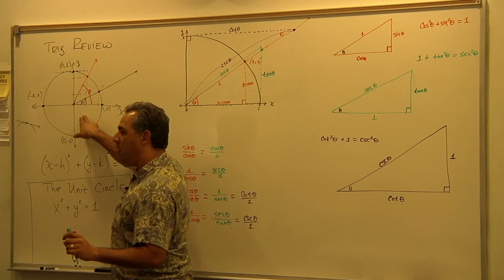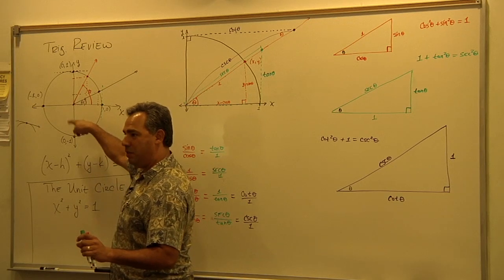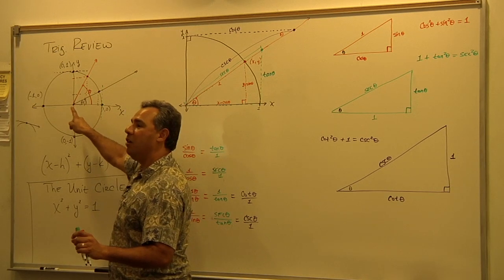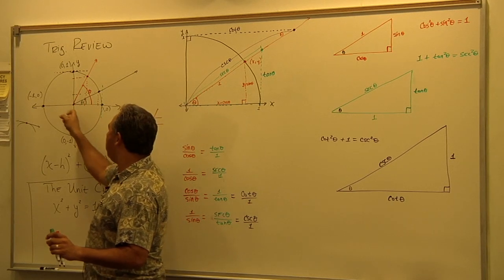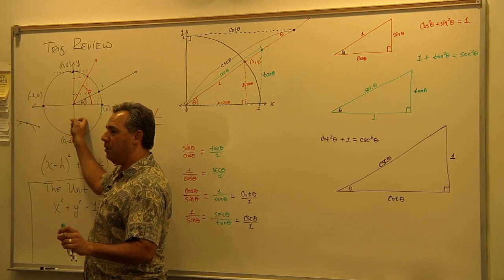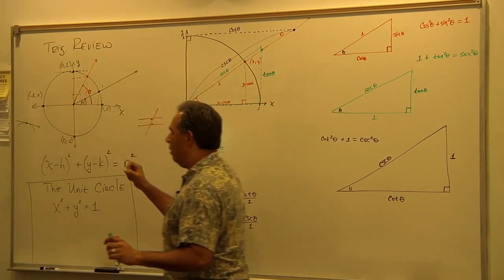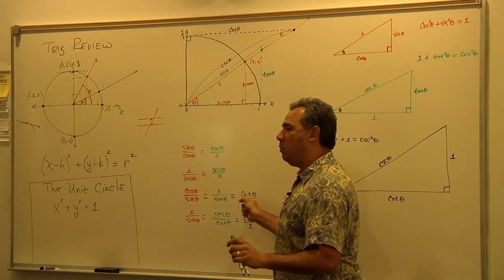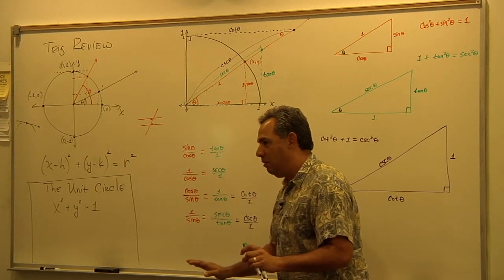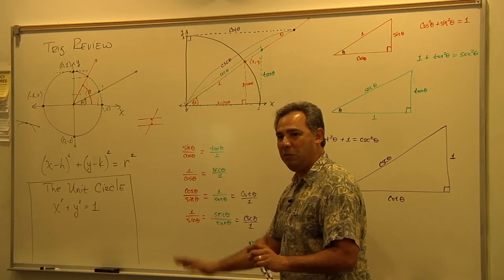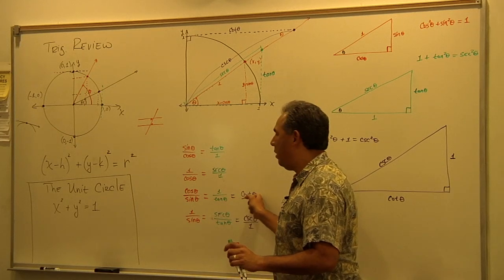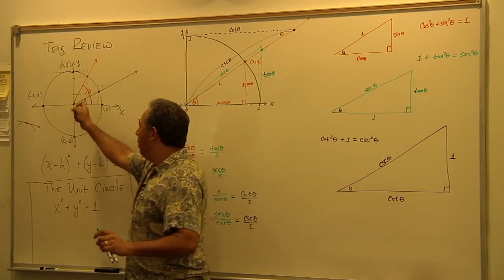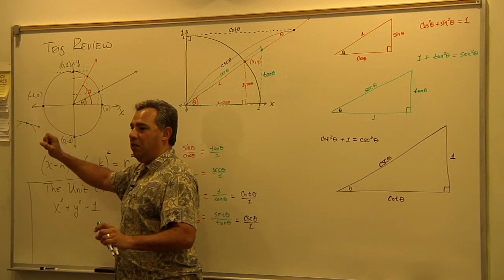In quadrant 4, x is positive, y is negative, which means cosine's positive, sine is what? Negative. So in quadrants 2 and 4, tangent and cotangent must be what? Negative, right? Those graphs have to be drawn below the x-axis, right? When are these tangents and cotangents positive? In which quadrants? First and third, right?